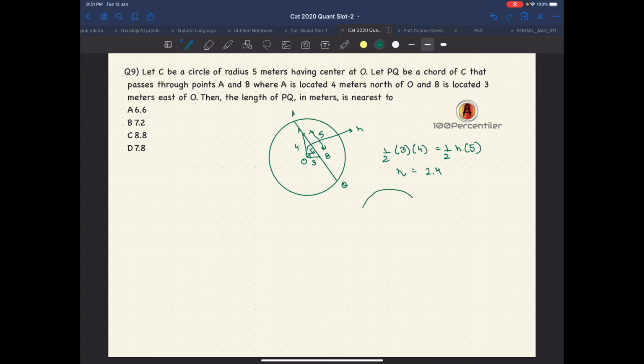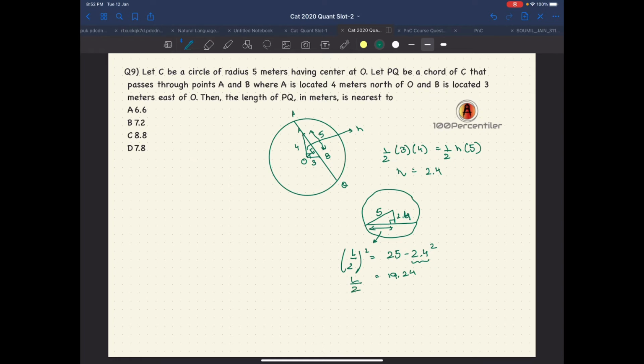Now if we have a circle, and this is 2.4 and this is 5, which is the radius, then length can be computed as 25 minus 2.4 square, which is 5.76. So we'll be left with 19.24.